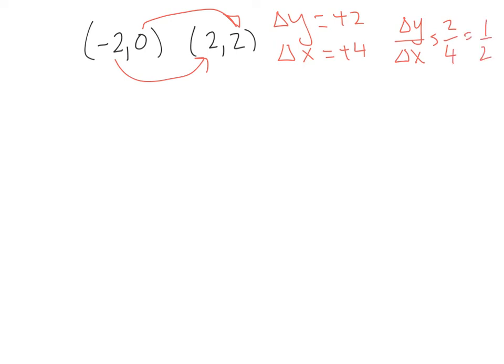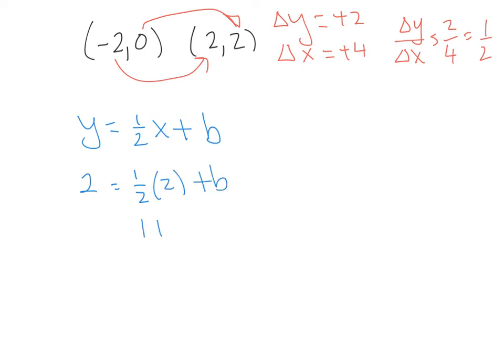That means the equation for our line is y equals 1/2 x plus something, which we'll call b again, by convention. So let's plug in the point 2, 2. So we'll put in 2 for y equals 1/2 times 2 for x plus b. Of course, 1/2 of 2 is 1, so 1 plus b equals 2, which implies that b is 1.